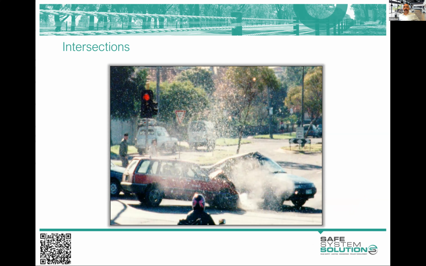Okay, let's talk about intersections. Intersections are a very interesting part of our road network, in the sense that obviously they have the conflict points where vehicles can crash, and also pedestrians are crossing usually, or a lot of the time, and we have bicycles and motorcycles and all going through there.